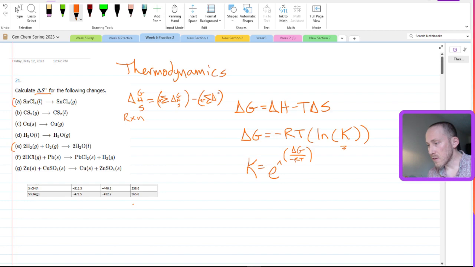And you guessed it, this is the products minus the reactants.